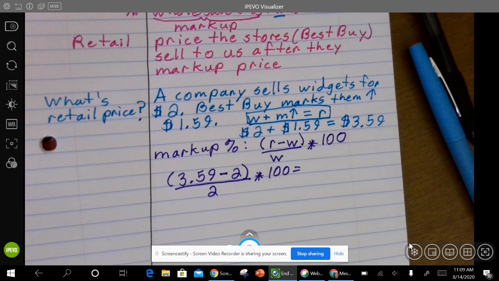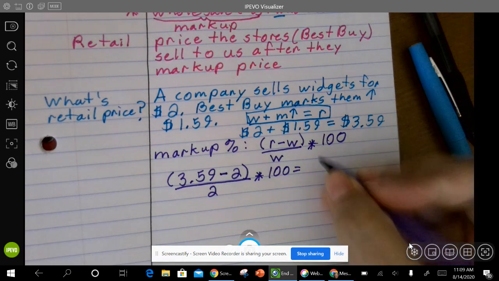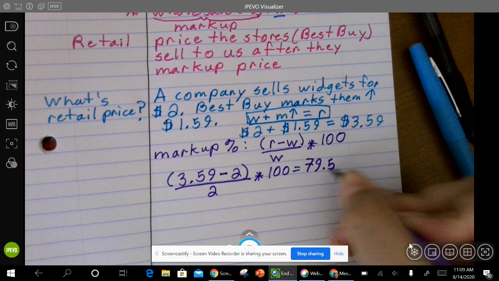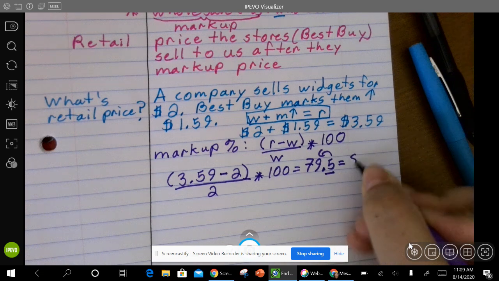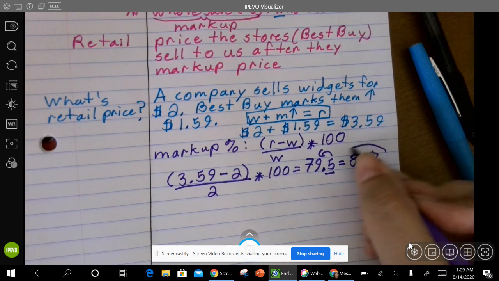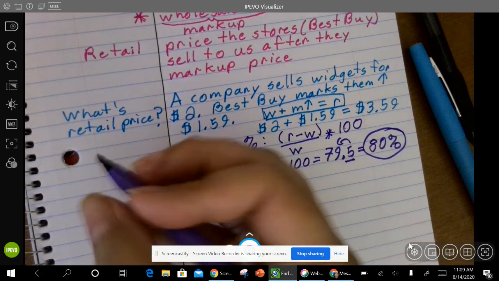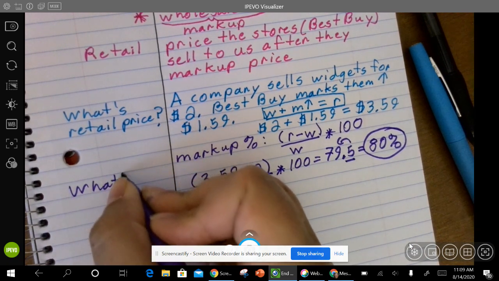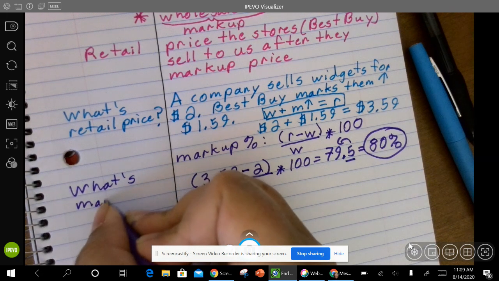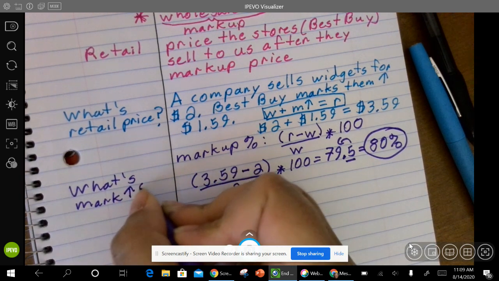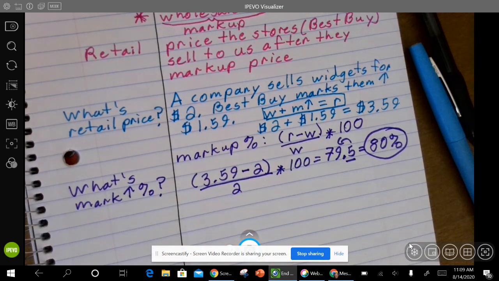So it's going to be the difference minus the original, okay, and I got 79.5. We're going to round it up to the nearest whole percent. Remember, 5 and up, I'm going to round it up. Okay, so what's the markup percentage? Okay, and that's how we calculate that.